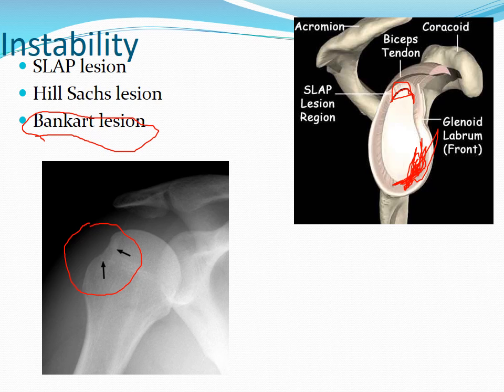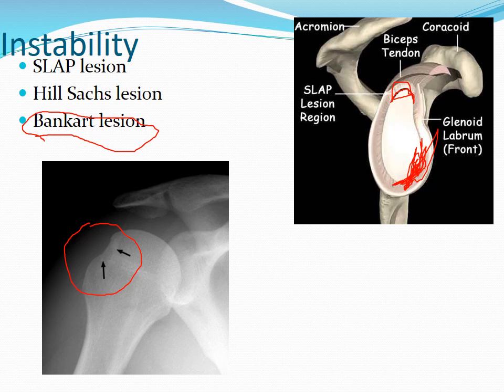Okay, instability can take the form of traumatic instabilities as well, right? So we talked about the TUBS being the torn loose, and that kind of fits right in under here, as a Bankart lesion would be an example of a TUBS injury.